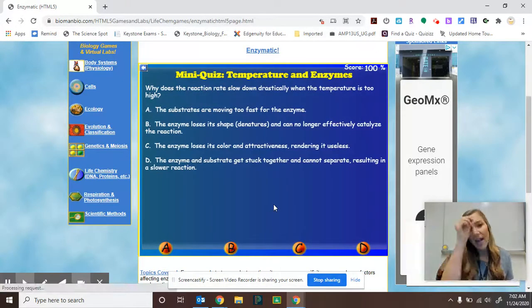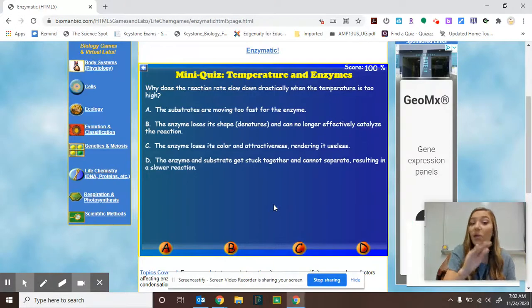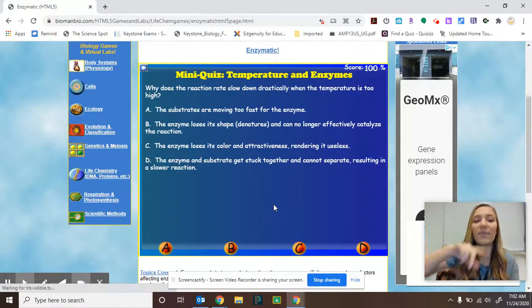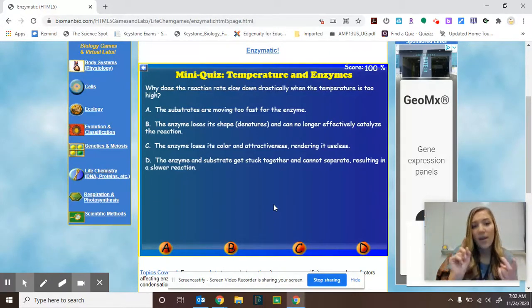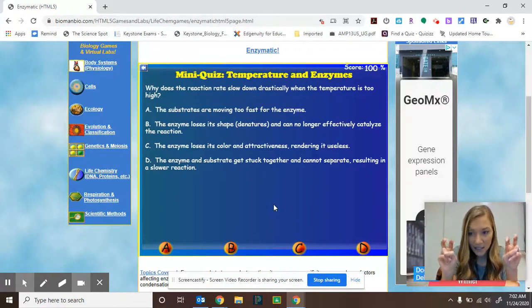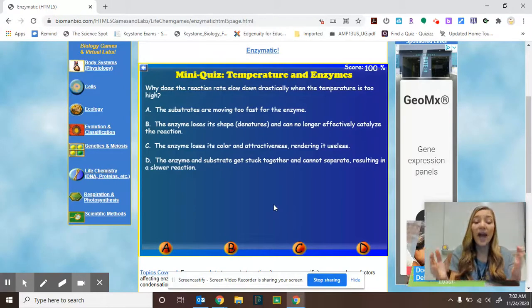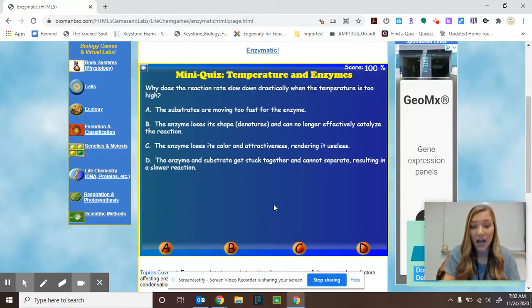It says, why does the reaction rate slow down drastically when the temperature is too high? Why did it really get messed up when we turned up the temperature too high? A, the substrates were just too fast. B, the enzyme loses its shape, aka gets denatured, and it can no longer catalyze the reaction, make it go faster. C, it loses color and attractiveness.